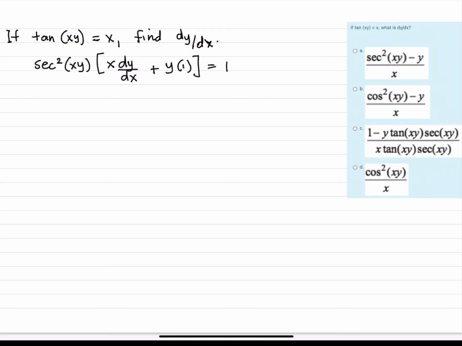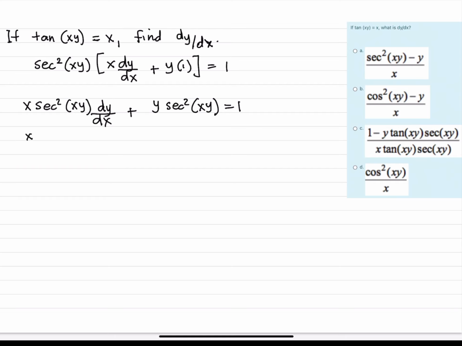Okay, and by multiplying this to each term inside the grouping sign, to get the product, we get x secant squared xy dy over dx plus y secant squared of xy equals 1.